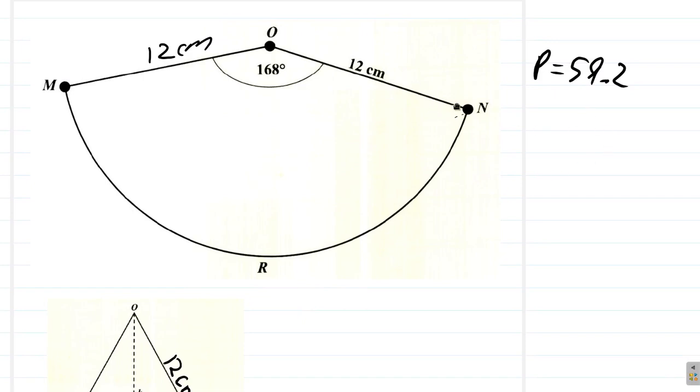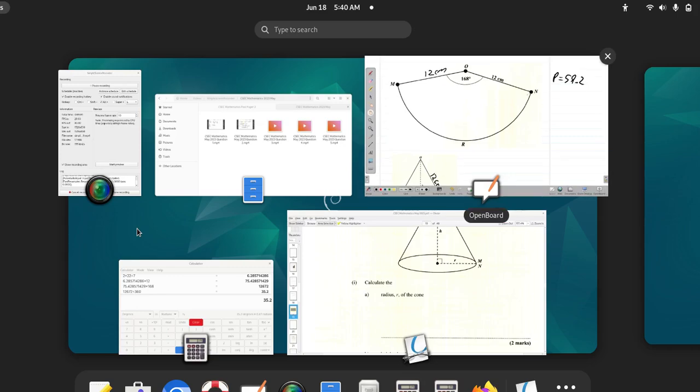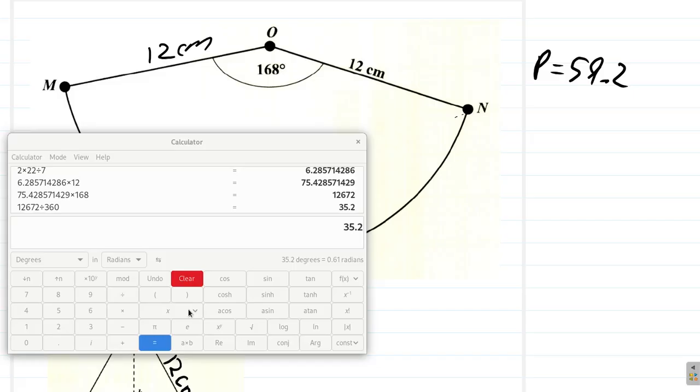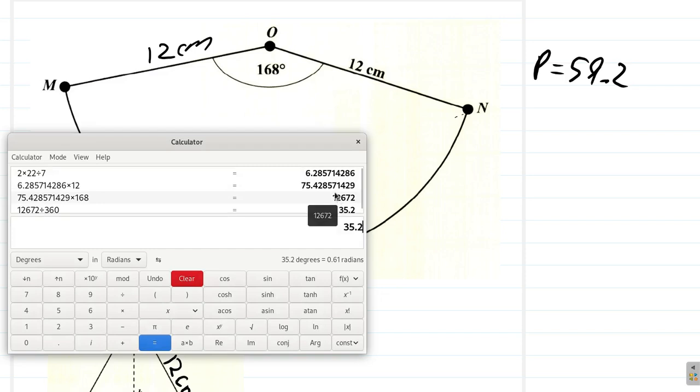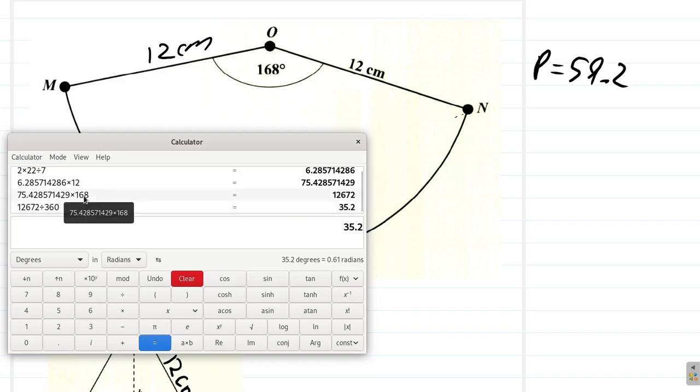We'd have to look back on the calculator to see what it had said because we erased it. This would have been 59.2 minus 24, right, 35.2.